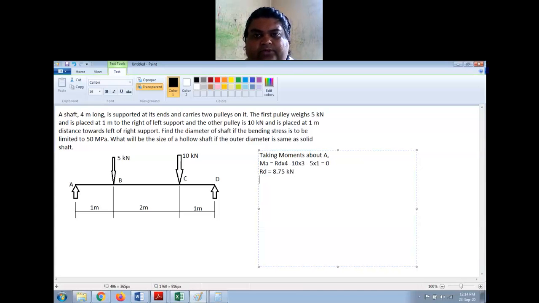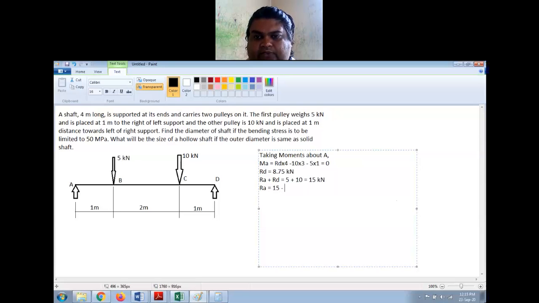kilonewton. And sum of all the forces should be equal to 0. So RA plus RD is equal to 5 plus 10, which is equal to 15. So RA, sorry, I wrote 10, 15 kilonewton.